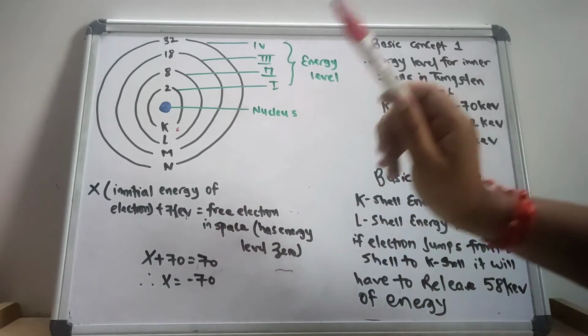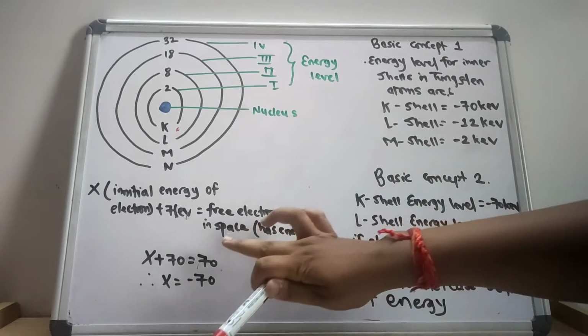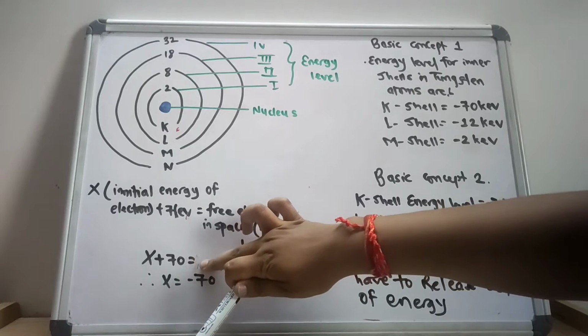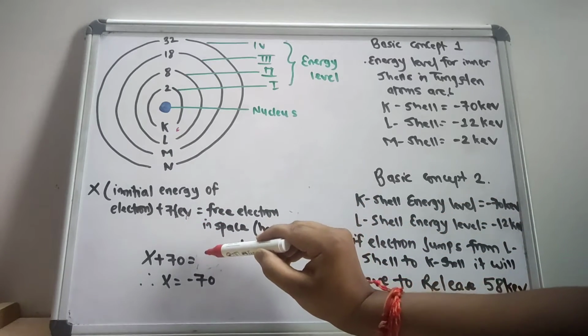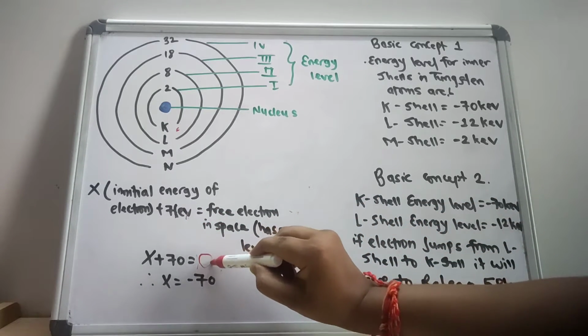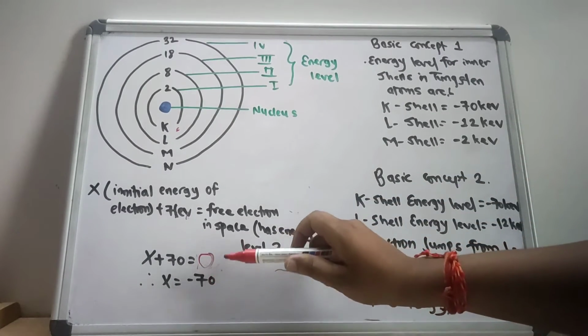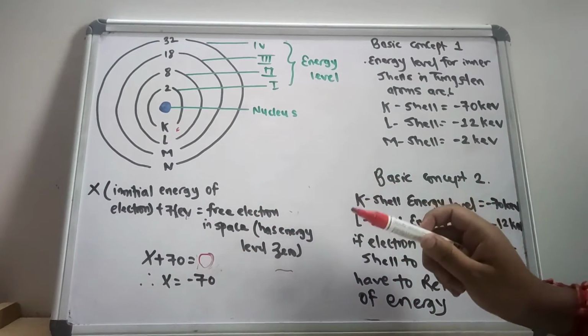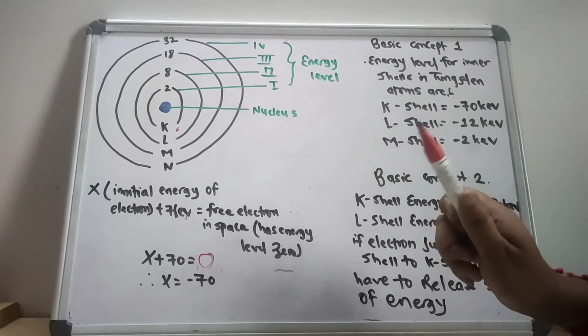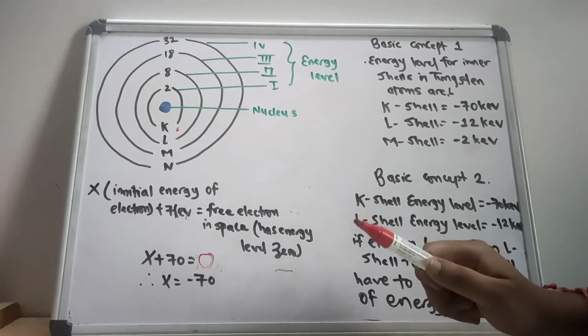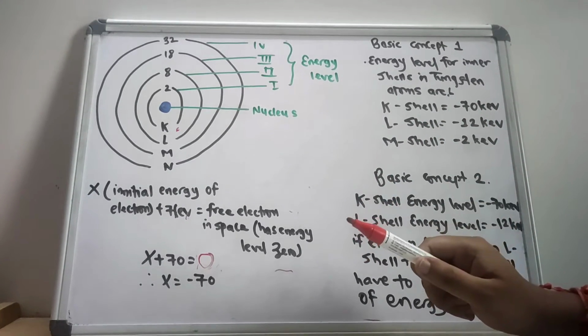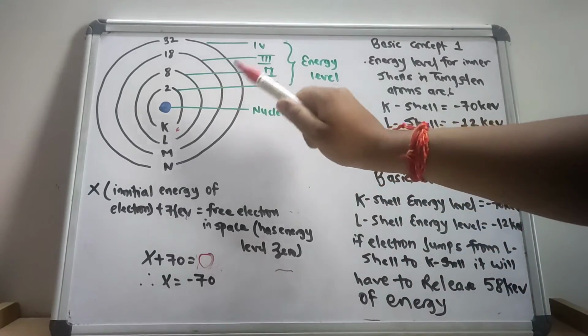So X plus 70 is equal to 0. So X is equal to minus 70. So this X equal to minus 70 represents the initial energy level of the K cell electron.